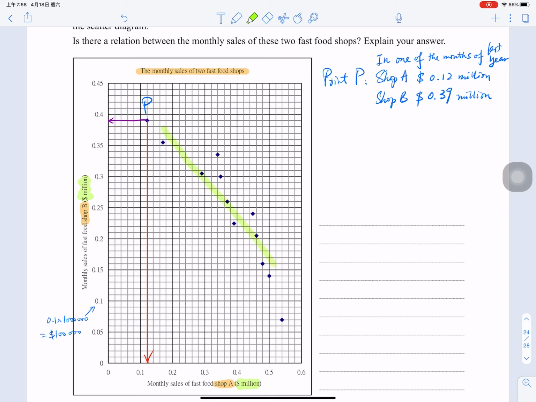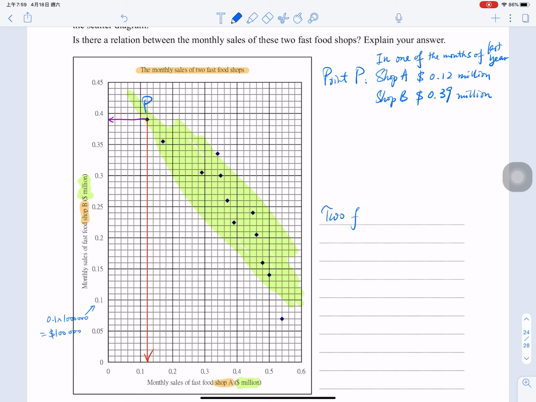Here, you may say, does it have a trend like this? Right? So you can answer like this: the two fast food shops have a negative relationship, right? And explain it.